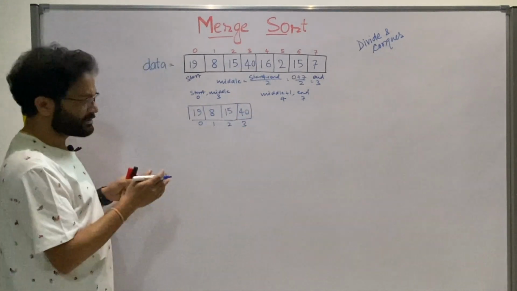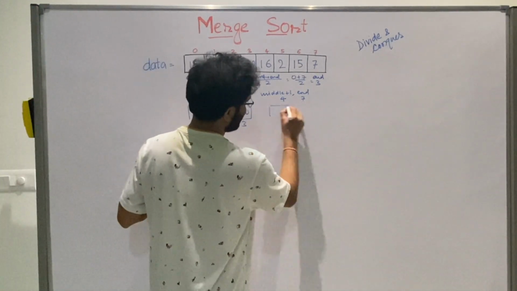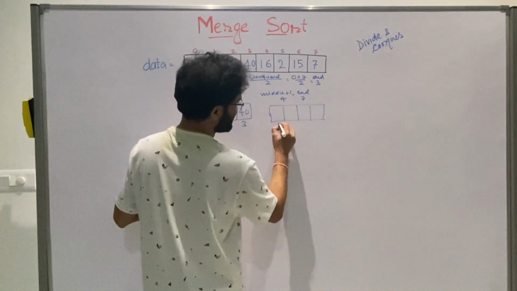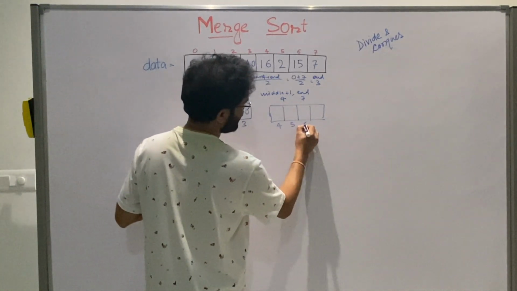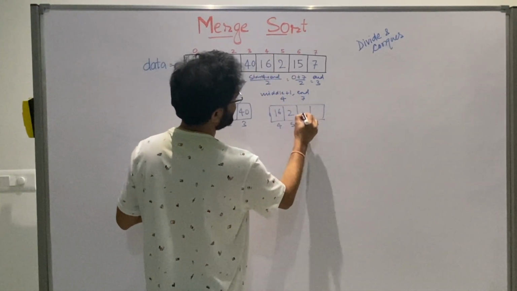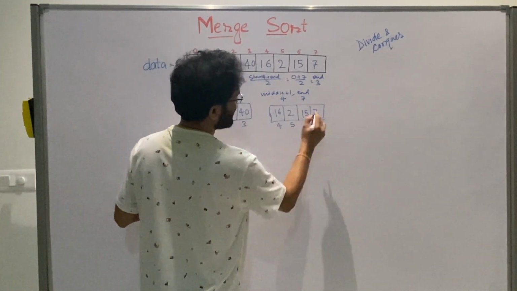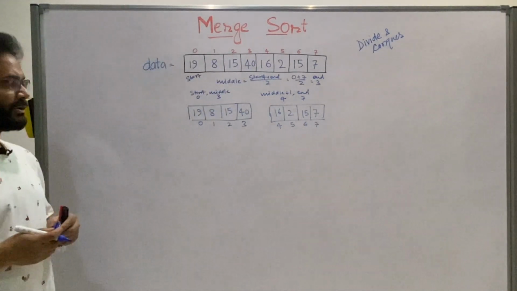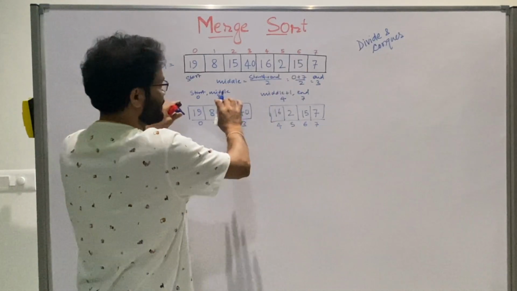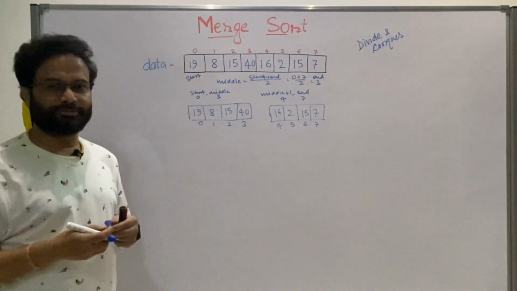So you got one subarray, and the other subarray would be indexes 4, 5, 6, 7, which is 4, 16, 2, 15 and 7. In this way I have divided the main problem into two smaller problems, right?